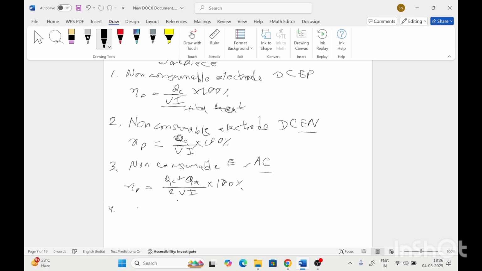And the next case is for consumable electrode, in case of both DC and AC.